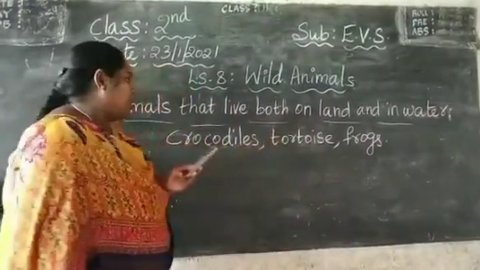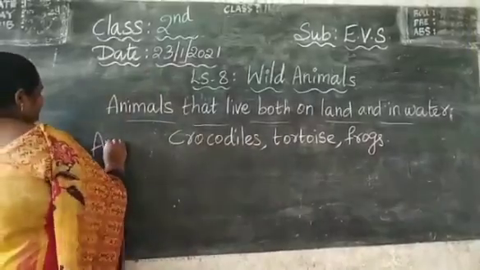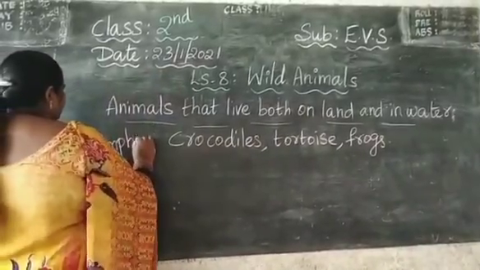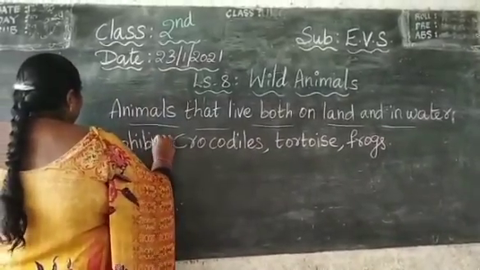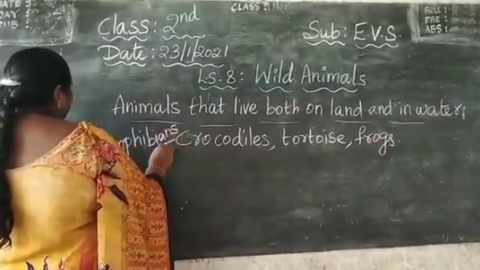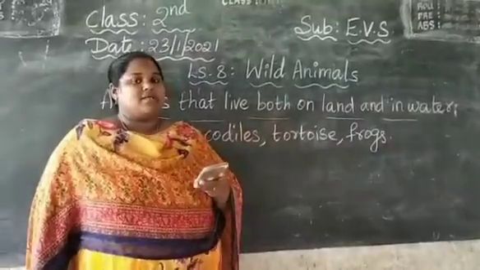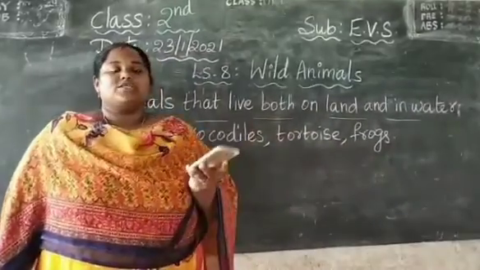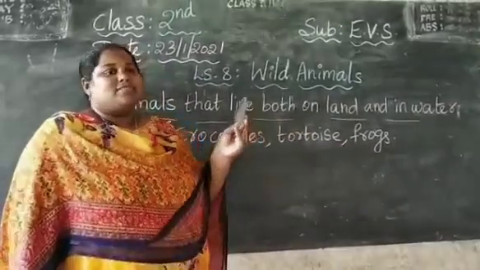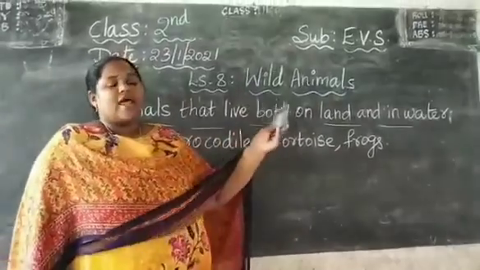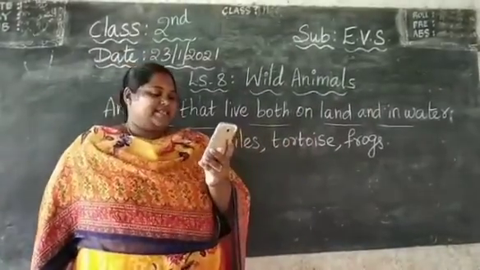So these animals are called amphibians. The animals which live on land are called terrestrial animals, the animals which live in water are called aquatic animals, and the animals which live both on land and in water are called amphibians.